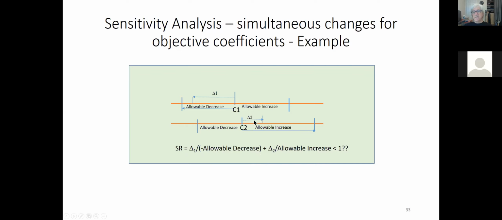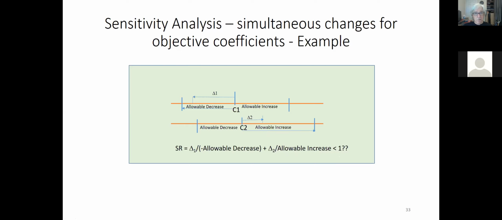And then comes delta 2. Here you don't have to make any adjustment because this is positive and this is positive. You divide them and you get a positive ratio. When you add these two positive ratios, the question is, is it more than 1? If it is less than 1, no change in the optimal solution will occur. That's the rule.